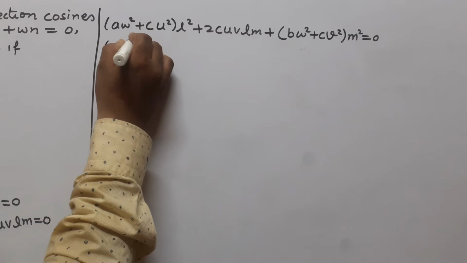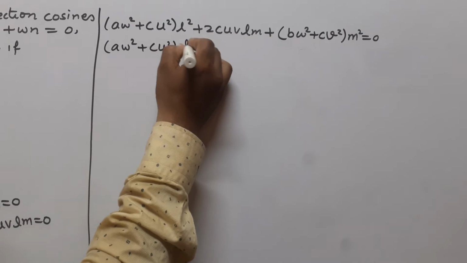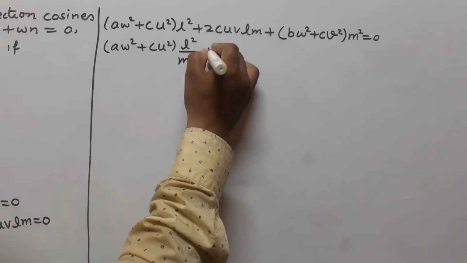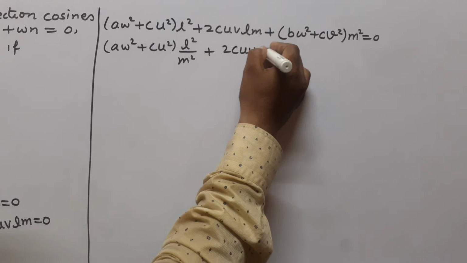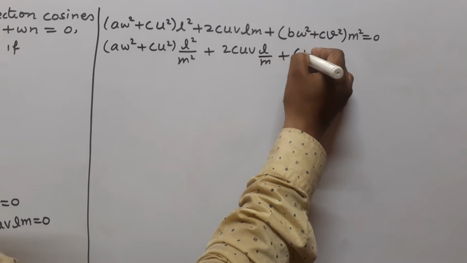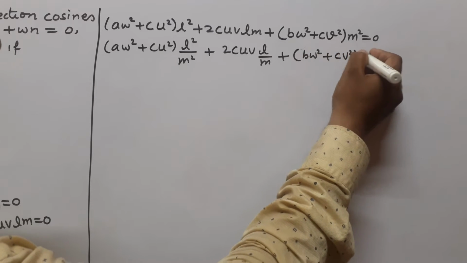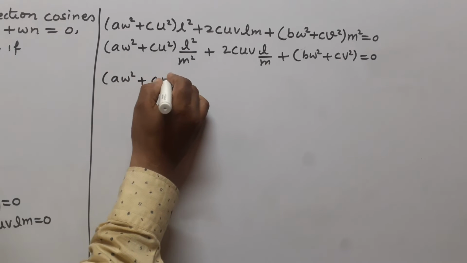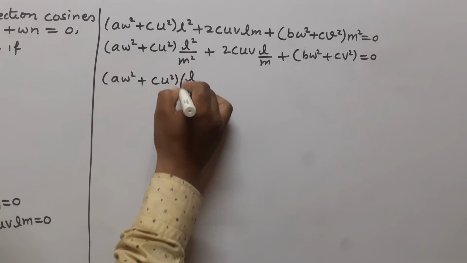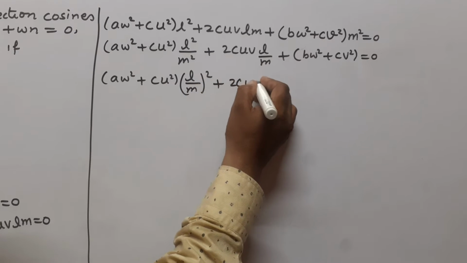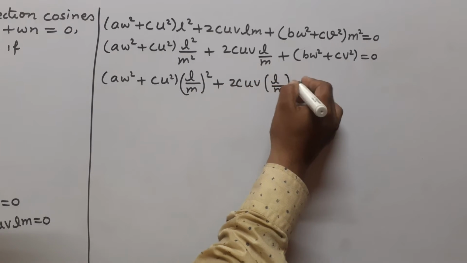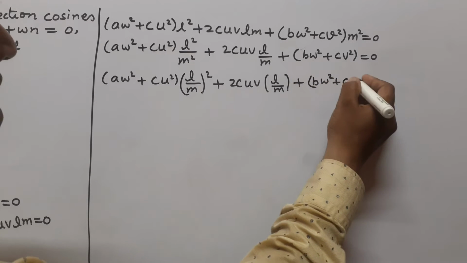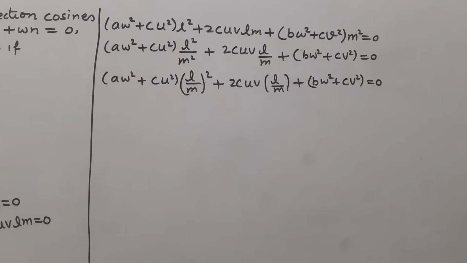So we get (aw² + cu²)l²/m² + 2cuv l/m + (bw² + cv²) equal to 0. So this equation can be written as (aw² + cu²)(l/m)² + 2cuv(l/m) + (bw² + cv²) equal to 0. This is the quadratic equation in l/m.